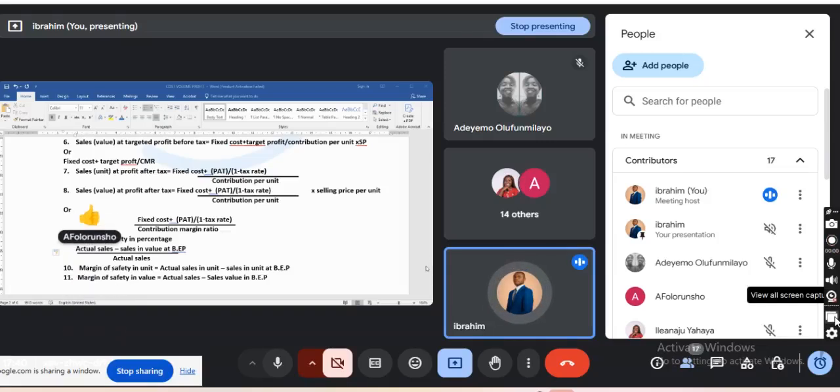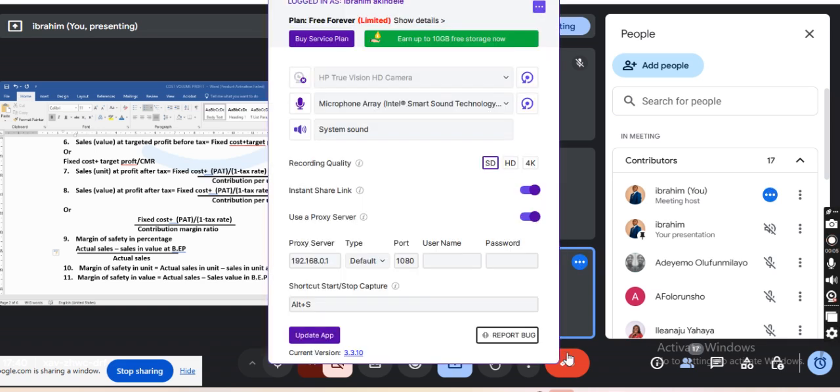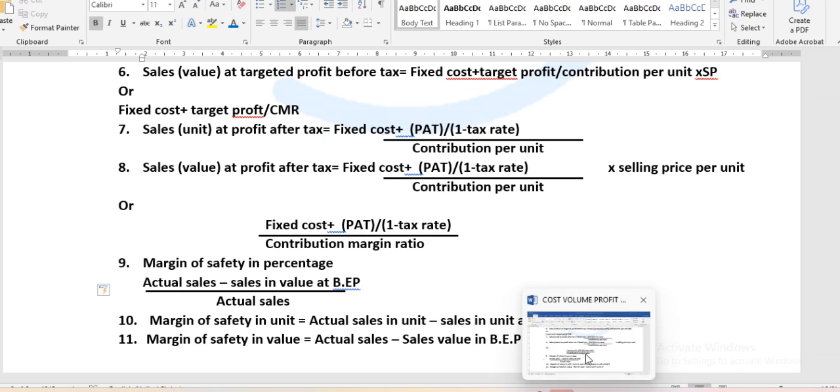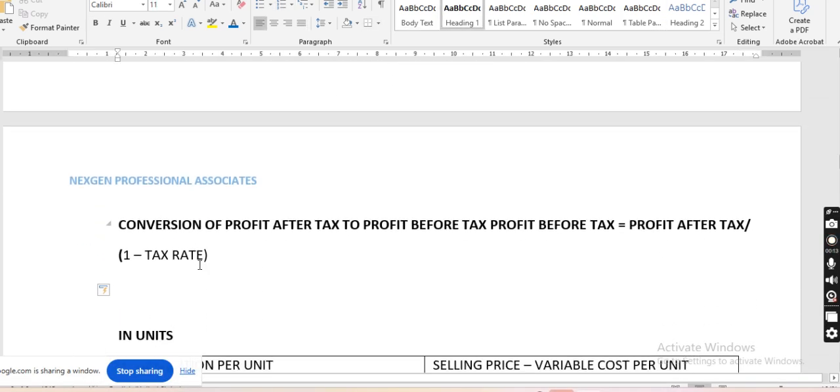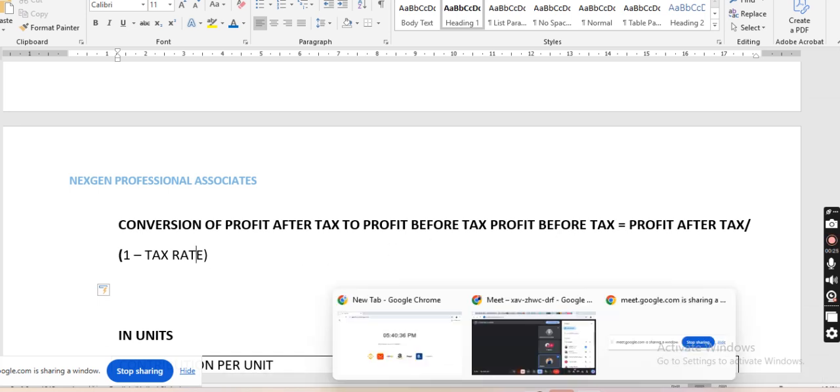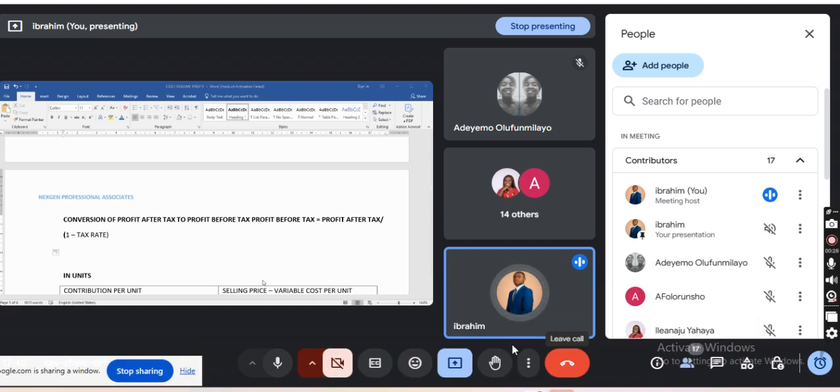Formulas used in break-even analysis with single products, right? So the last thing we need to talk about is this conversion of profit after tax. In every question, if you are given that the profit after tax is 12%, for instance, convert that profit after tax to profit before tax.